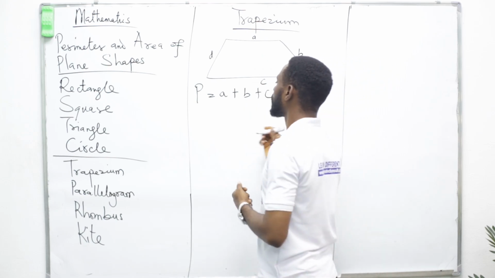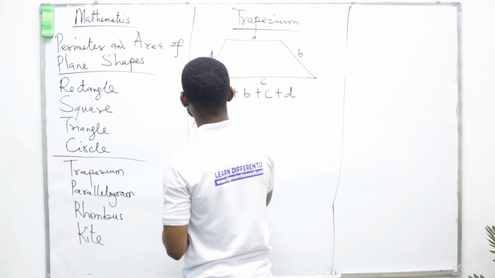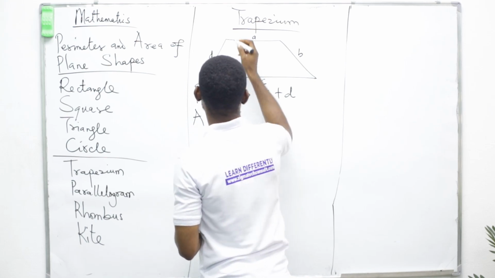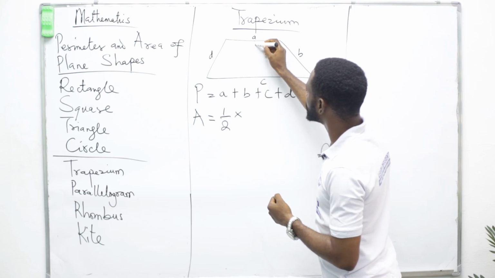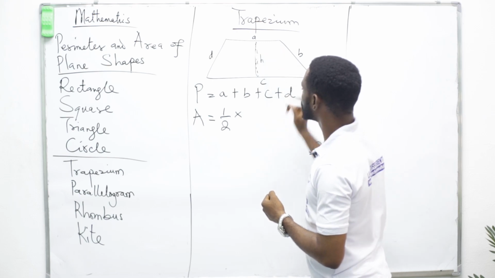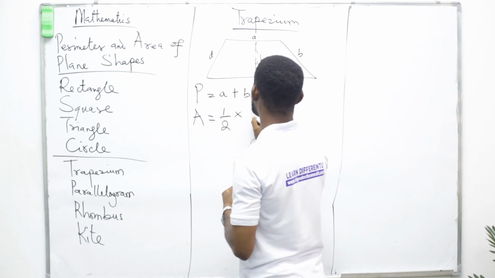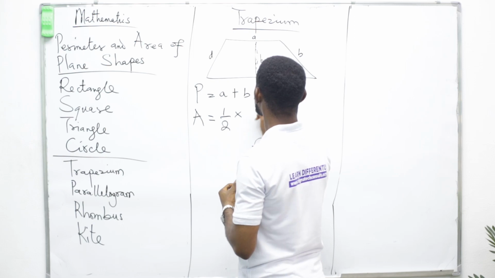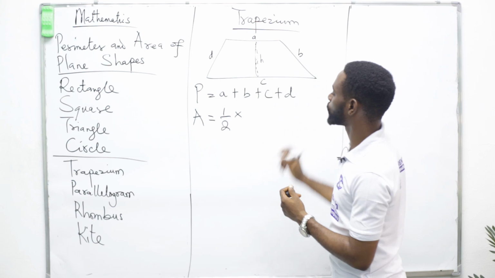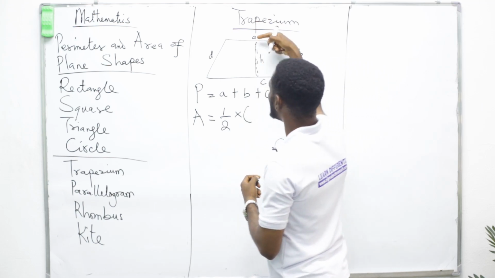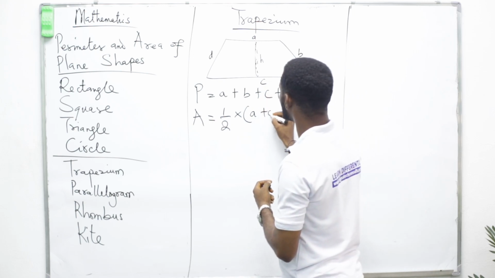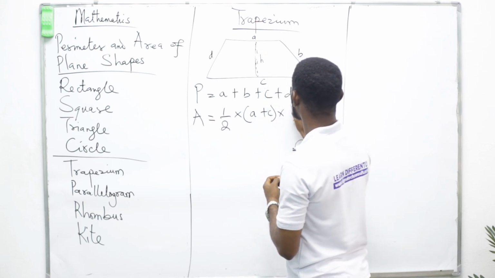That is the perimeter of this trapezium, okay? Now for the area, it is 1/2 times the height, okay? The height will always be given to us, this height here, H. So 1/2 times the height, then times the sum of the two parallel sides. So we say this parallel side A plus this parallel side C times the height. That is the area.